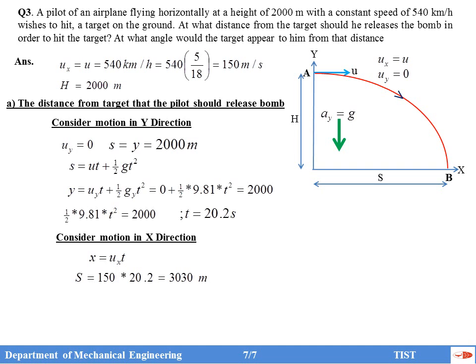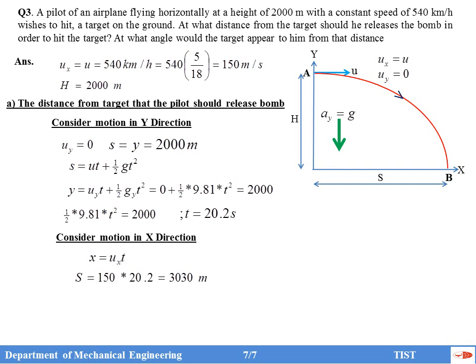You can simply take the x direction and y direction motion, and find out the values of h and s. So that's the way we solve this problem. Okay, so s is equal to 3030 meter.